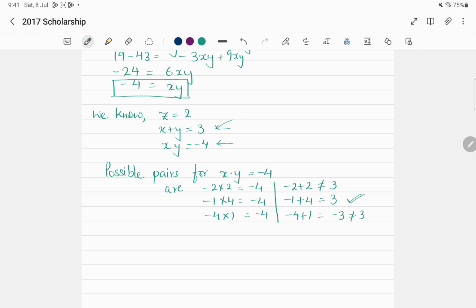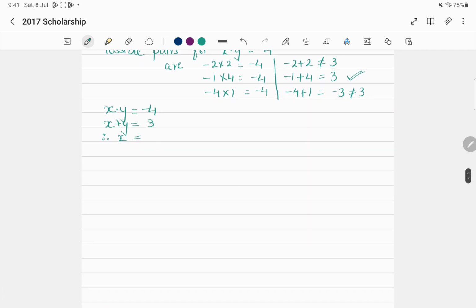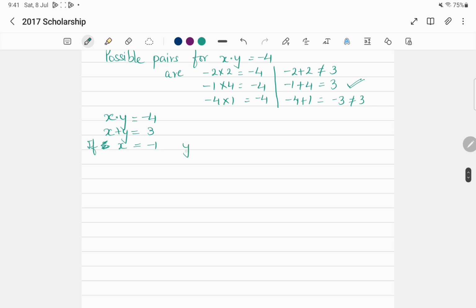So we can say that x times y is equal to minus 4, and x plus y is equal to 3. Therefore, x can be, all right, so there are two values again. So if x is minus 1, y is 4, right?